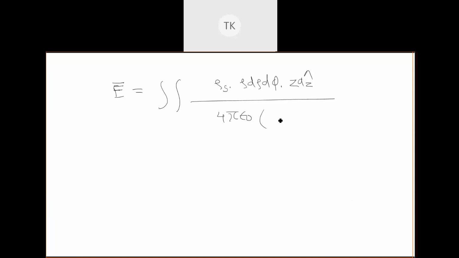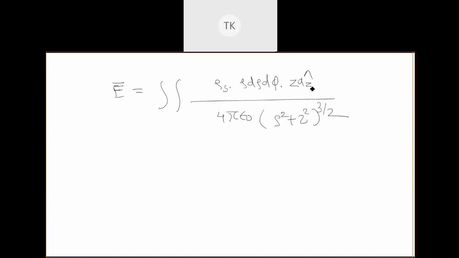What will be E? E will be the integration of our last expression. E is the electric field intensity at point P, and we need to find the surface integral, so double integration: rho_s into dS, where dS is rho d rho d phi into a_z cap, divided by 4 pi epsilon 0 (rho square plus z square) raised to 3 by 2.